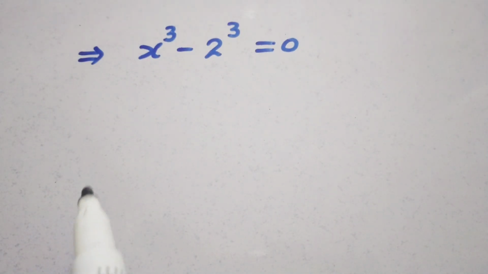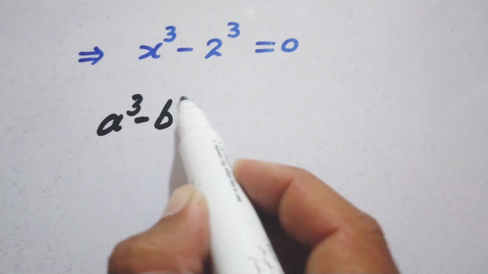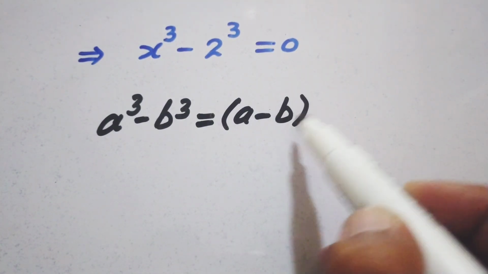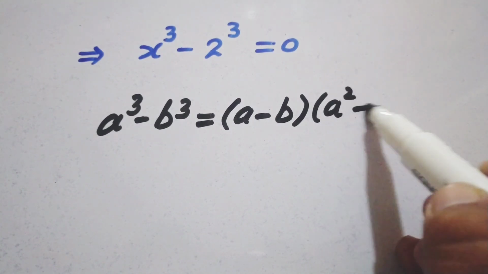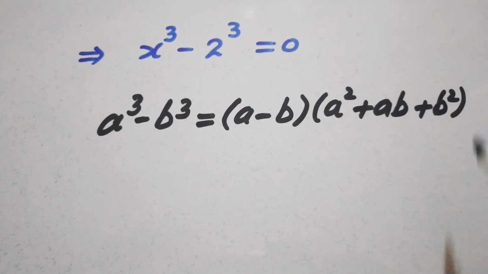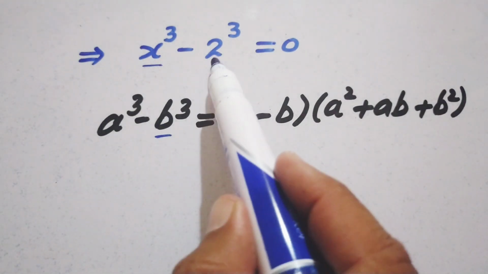Now by using an algebraic identity, if we have a cube minus b cube, this is equal to a minus b into a squared plus ab plus b squared. Using this identity, in the place of a there is x and in the place of b we have 2.